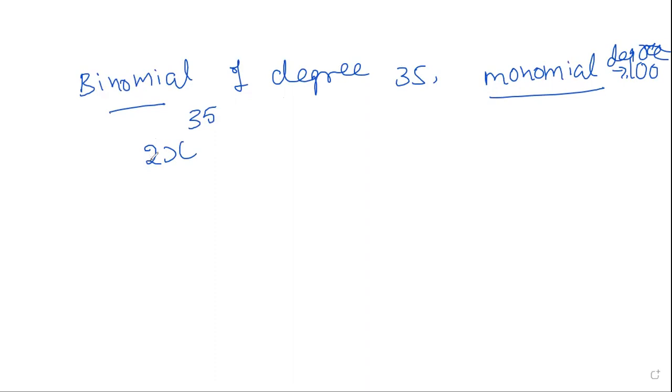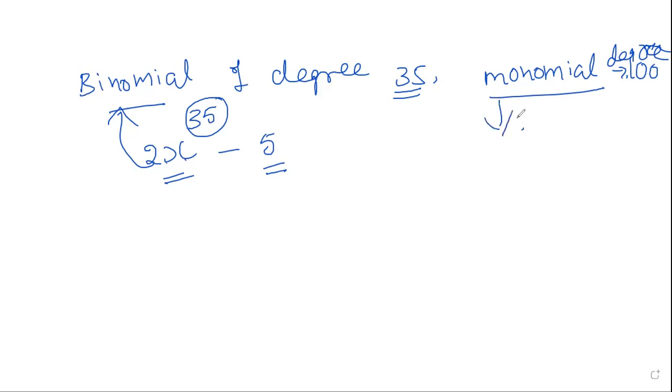You can take any numeric constant and variable, but you should write 35 as the degree. That's it. You can take any terms, no problem. They are only asking that the degree should be 35. You can write anything. So here we have two terms, so it is a binomial: 2x to the power of 35 minus 5.